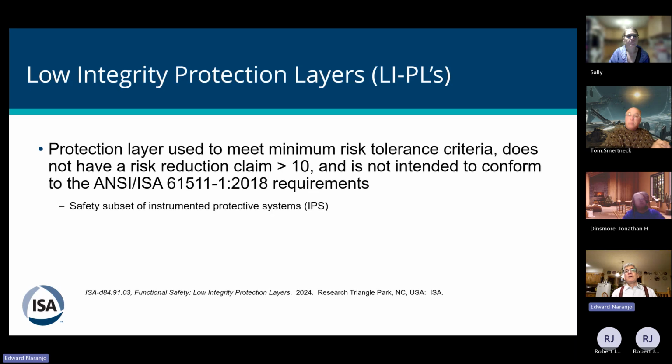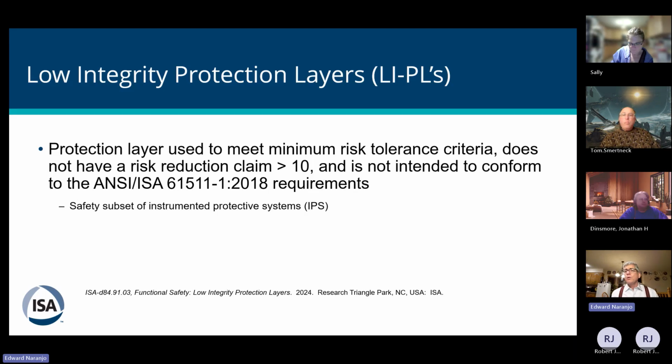So you can consider it almost like an intermediate step. It says you have to meet a number of the same requirements that you do with the SIS without that extensive force. It's kind of in the middle.